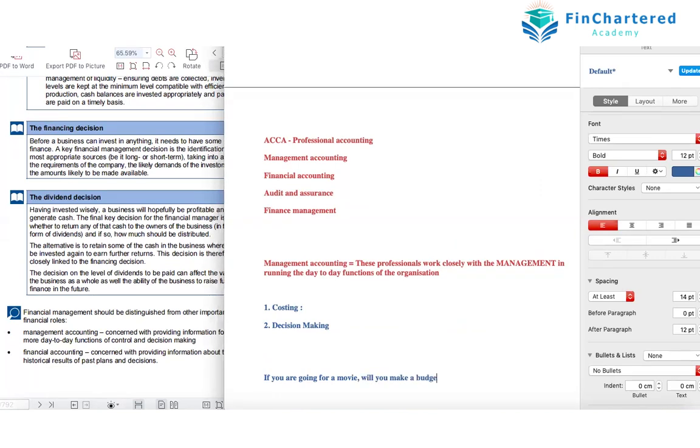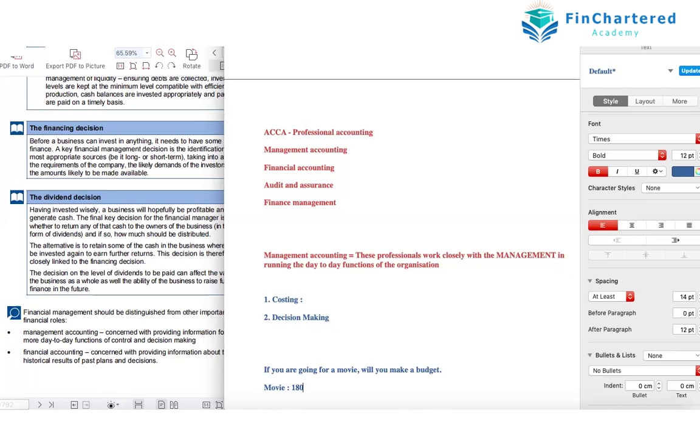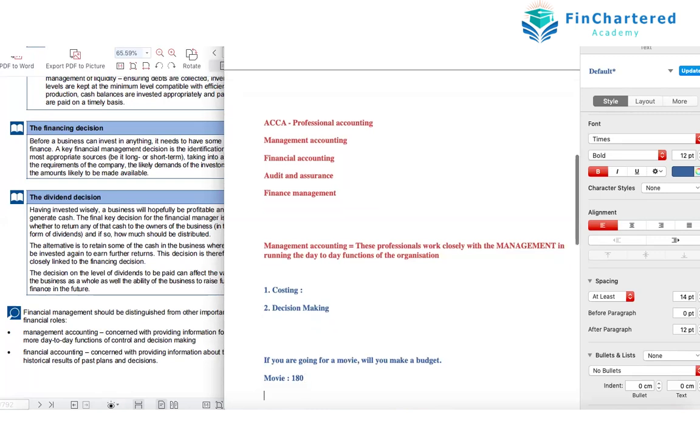Okay, fine. 180 rupees I need for the movie ticket. Again, in Chennai, it costs roughly 180. I don't know about other cities.